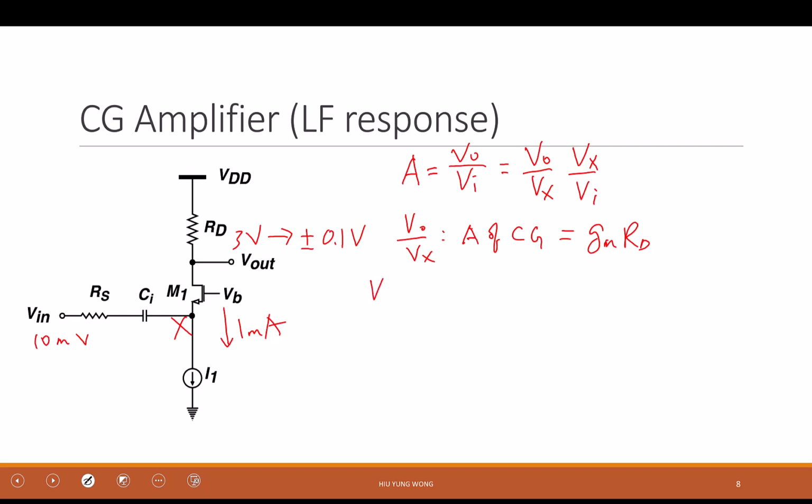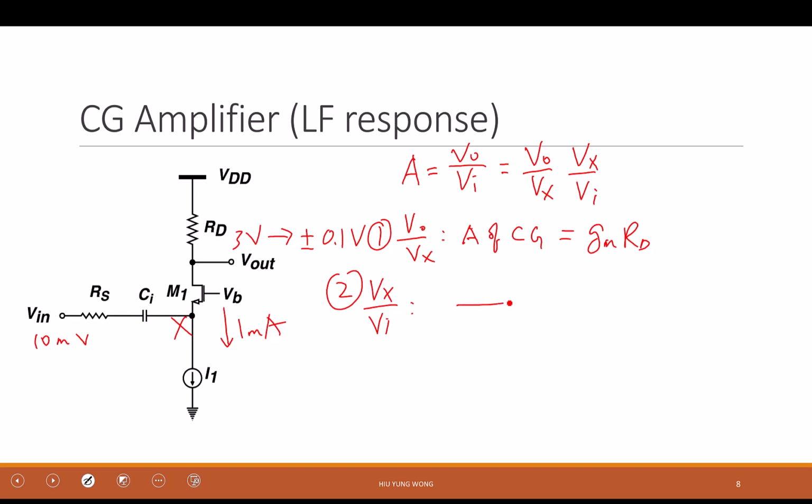Then how about Vx over Vin? We have tried this before, right? What will we try? This looks like a voltage divider, right? So just treat yourself as an electron.